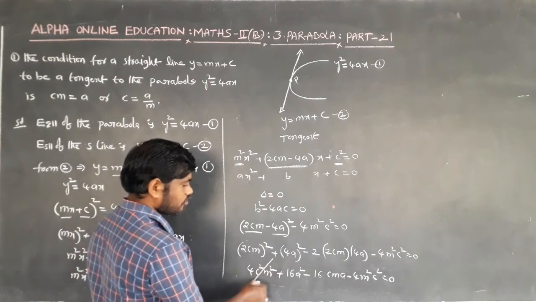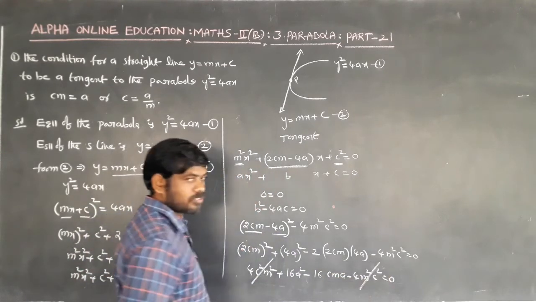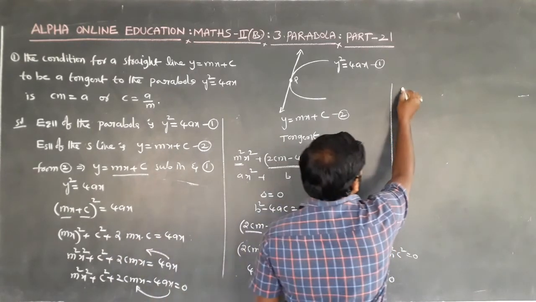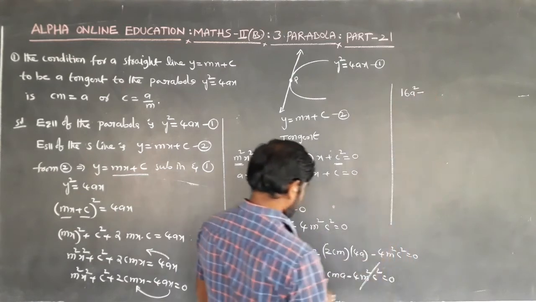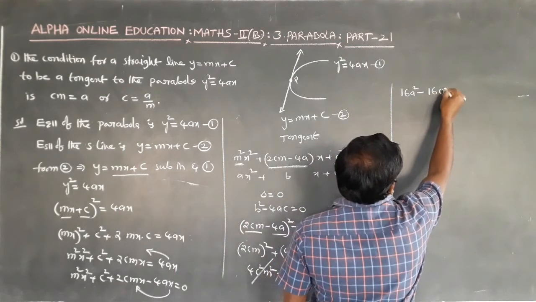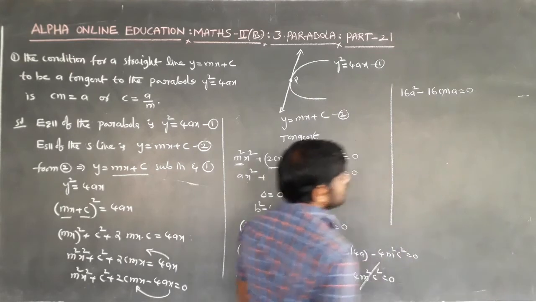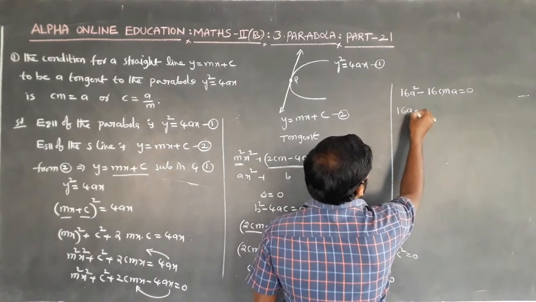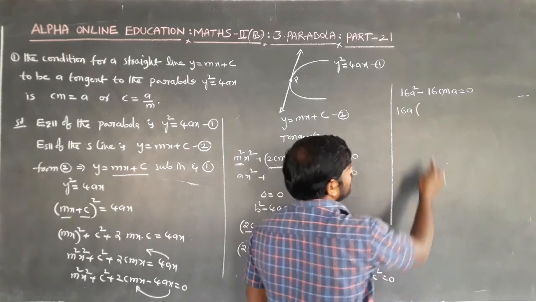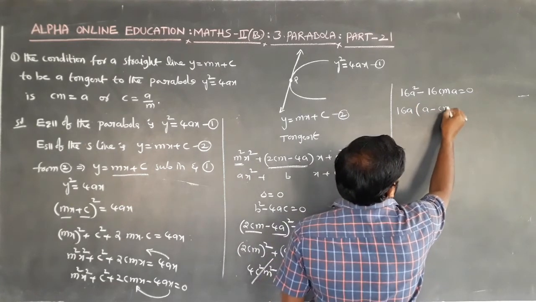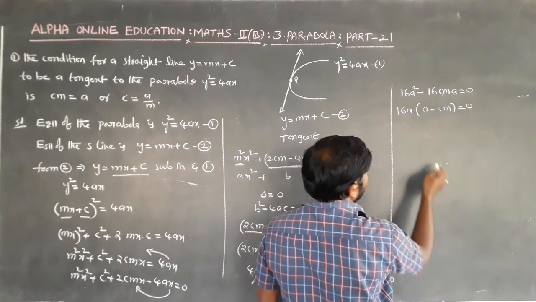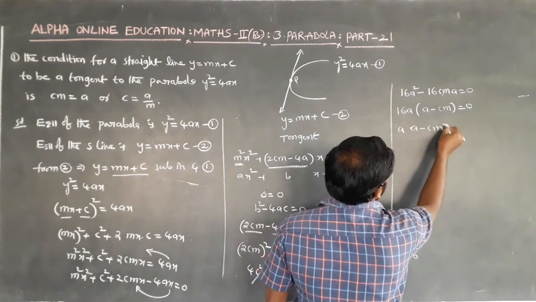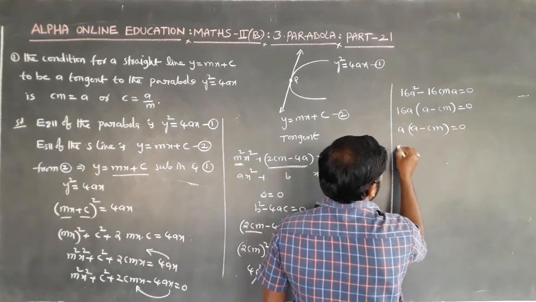4c²m² and 4c²m² get cancelled. Remaining value: 16a² − 16cma = 0. 16a is common: 16a(a − cm) = 0.